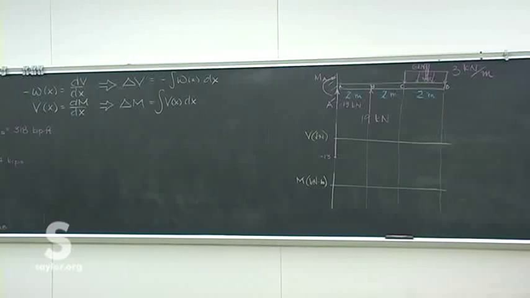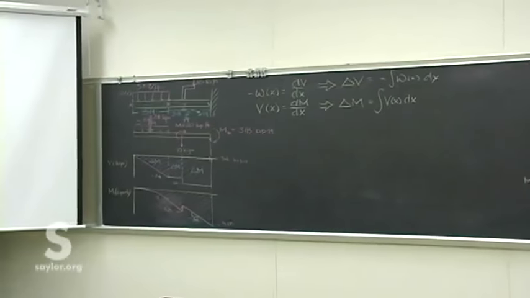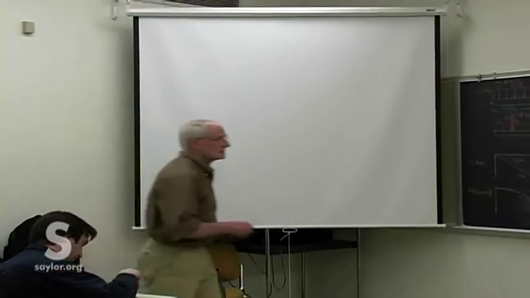Because of that upward 19 kilonewton load, the wall is actually holding that end down, not holding it up, which is usually what we see for a cantilever support at the wall. Then you know there's no more load on the beam between A and B, so it just goes straight over.